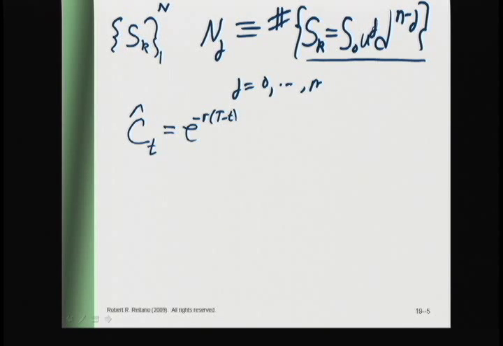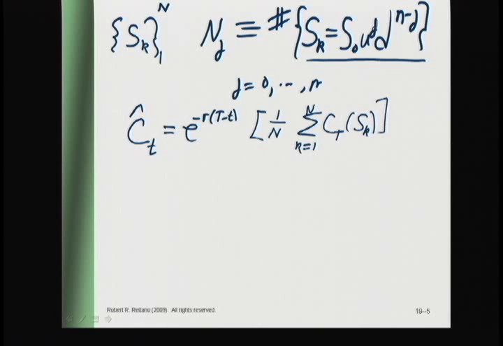And the original way I wrote it was 1 over N times the summation of the call function evaluated at S_k, added up from k equals 1 to capital N.